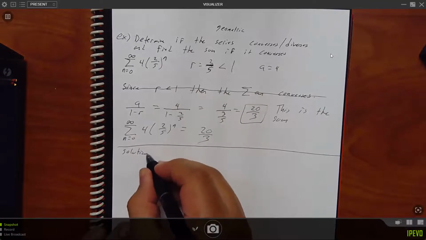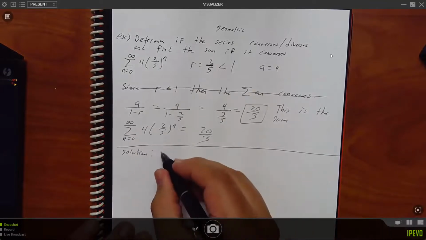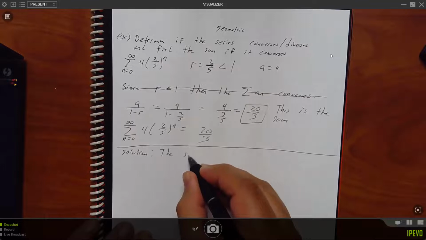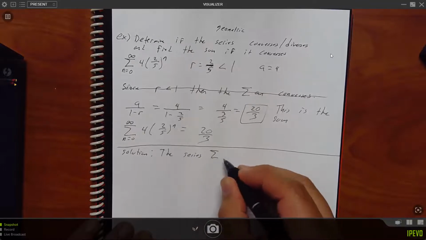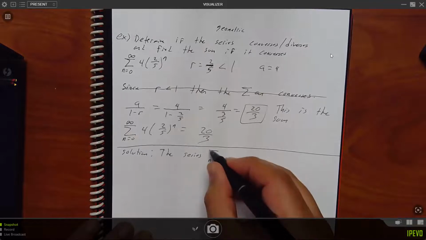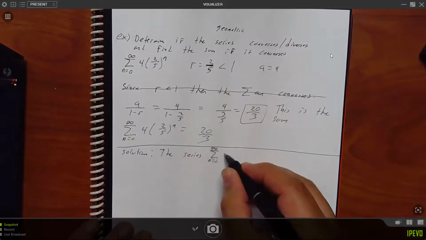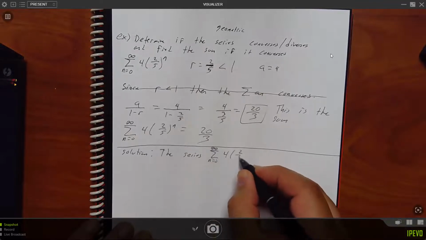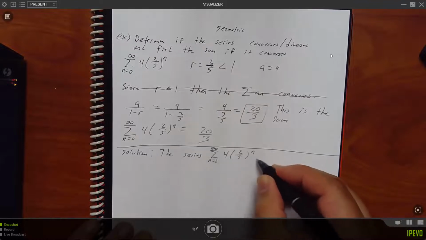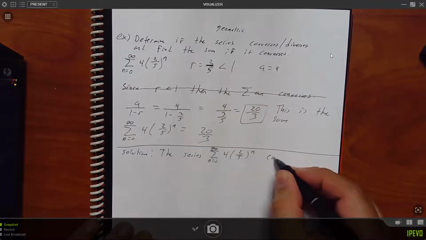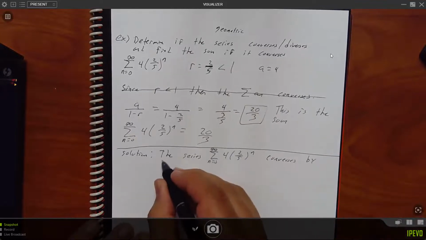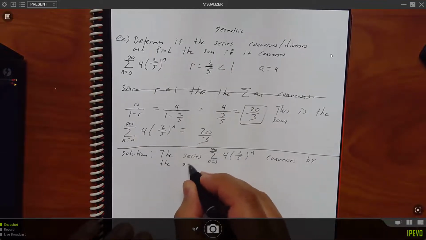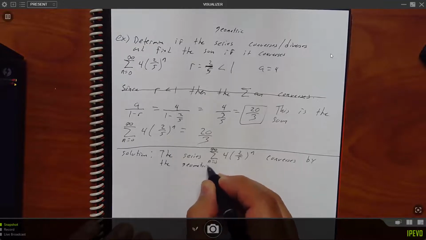For the justification, the series four times 2/5 to the n converges by the geometric test.